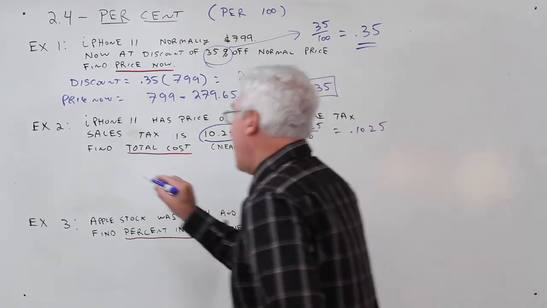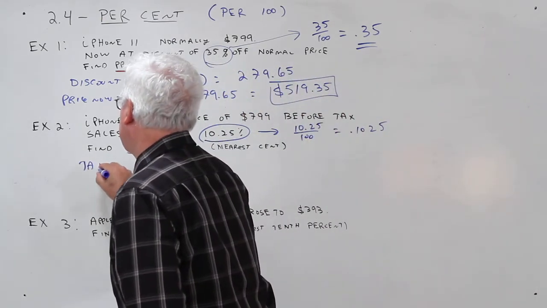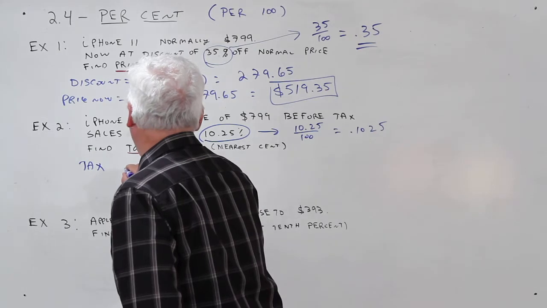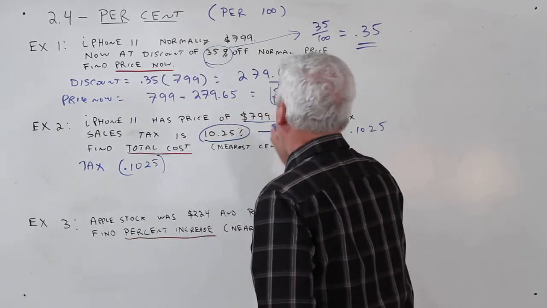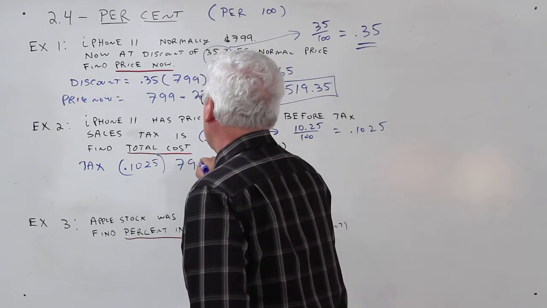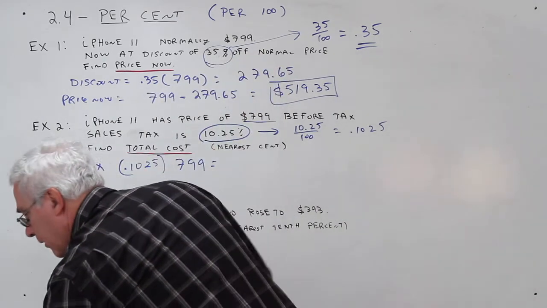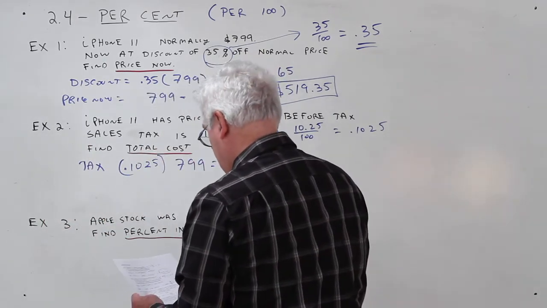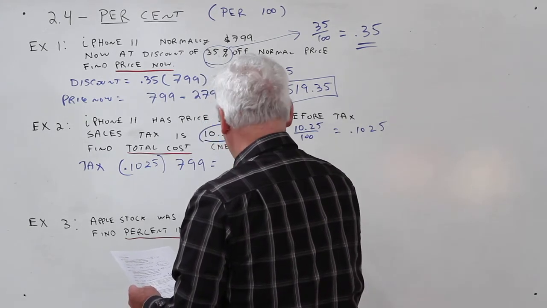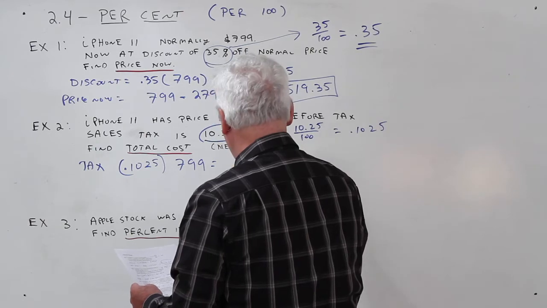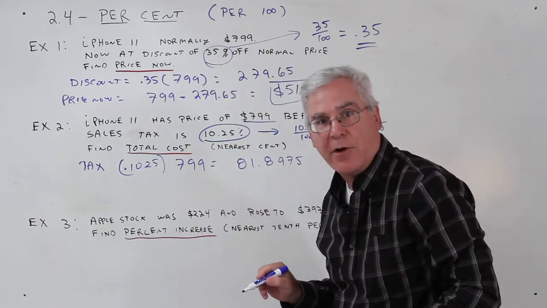Okay, so now the tax is simply going to be 0.1025 multiplied by $799. I did that calculation, and I got 81.8975. I'll round later.